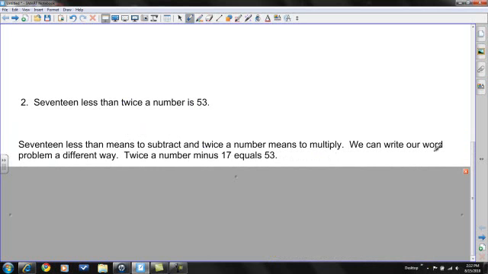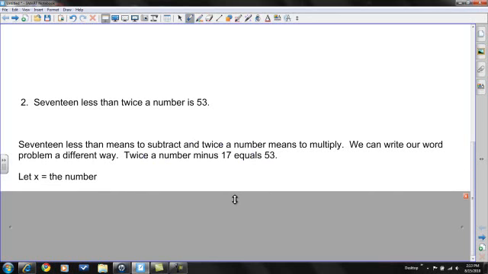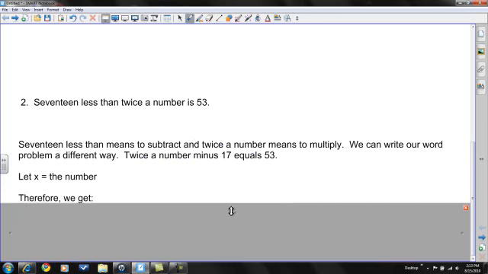So we can write our word problem a different way. We can say twice a number minus 17 equals 53. Again, rewriting it makes it easier to come up with an equation in order that we might solve this word problem. So we're going to start with letting x equal the number. Well, twice a number would be to multiply.